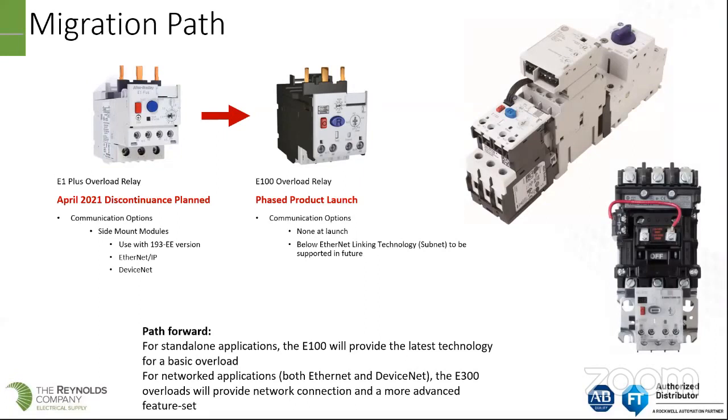So nothing new there, but that'll be the direction you'll go for networked options. Out of the gate, the E100 will mount up to the NEMA contactors and the IEC contactors that Rockwell currently sells.